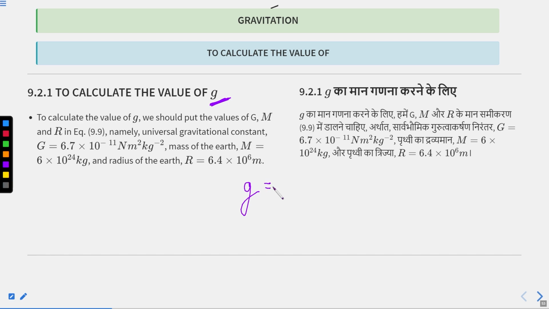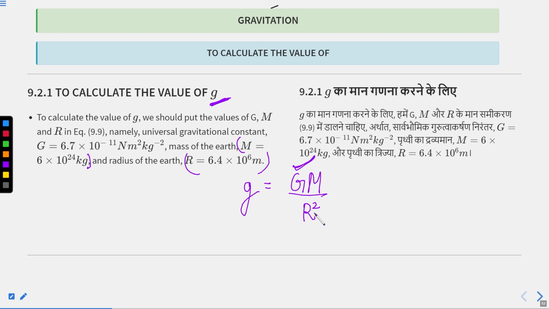Okay, g formula is capital G M divided by r square. We know the value of capital G. We know the mass of earth, which is 6 into 10 raised to the power 24, and the radius of earth is 6,400 kilometers, or 6.4 into 10 raised to the power 6 meter.